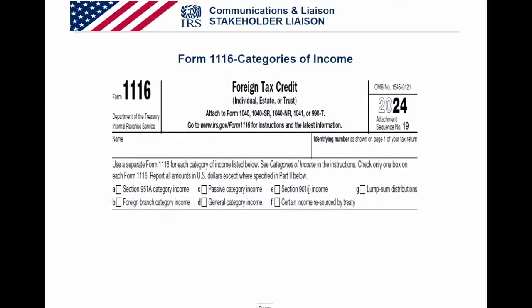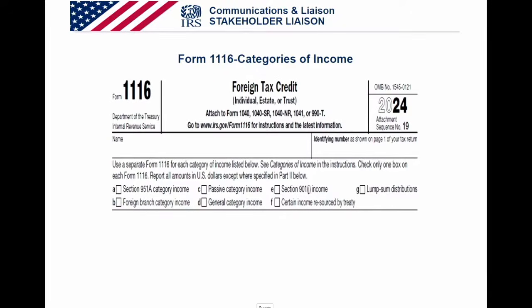Category F is certain income resourced by treaty. And this applies when a U.S. tax treaty reclassifies income that would otherwise be U.S. source as foreign source, and the taxpayer elects to apply the treaty. An important key here is the taxpayer must compute a separate foreign tax credit limitation for any such income for which they claim benefits under a treaty.